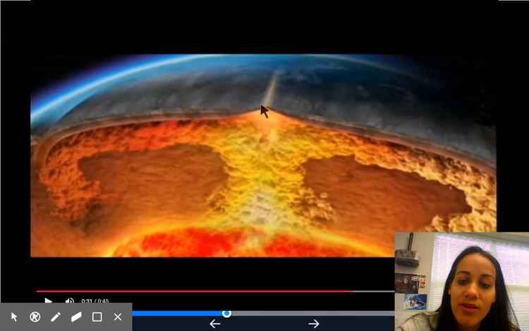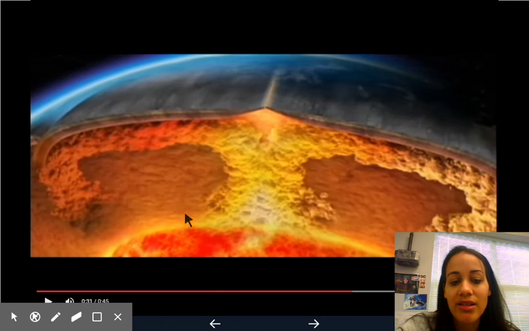So then you have this new ocean floor that spreads out. And as it's spreading, once it reaches a certain point, it does get recycled. Oceanic crust is much denser, so it's going to fall underneath the continental crust and be recycled, and that process goes on and on and on.